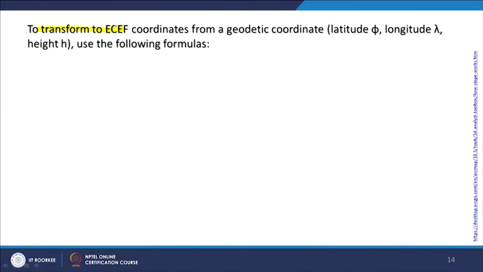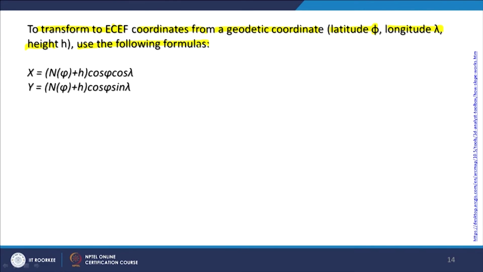The model is the geoid, not the ellipsoid but the geoid, and based on that, heights are influenced or estimated. So to transform our ECEF coordinate system to a geodetic coordinate system, that is in terms of latitude, longitude and height, the following formulae can be employed.